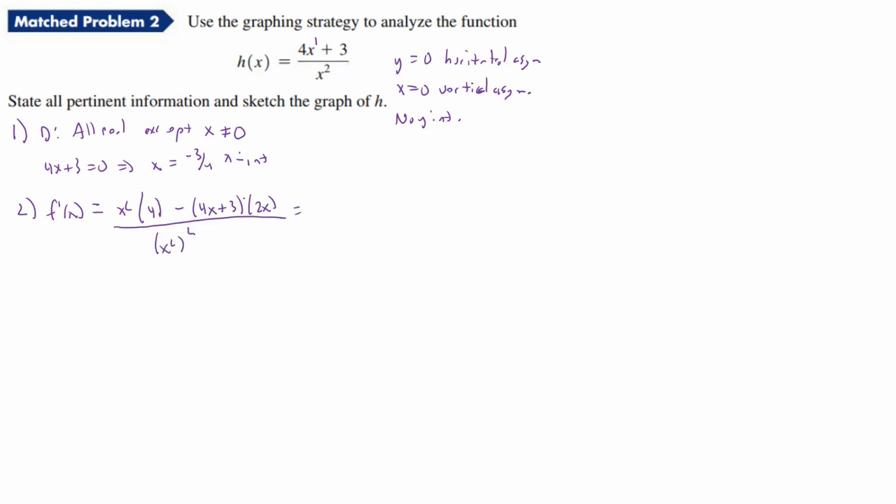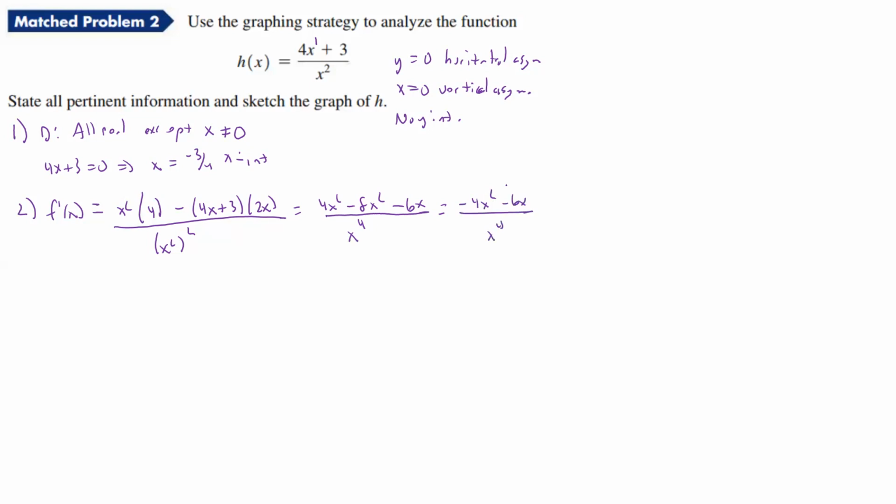All right, so that's going to be what? 4x squared, and minus 8x squared, and minus 6x. All of that is still over x to the fourth. And simplifying, we have a minus 8 plus 4, so it's going to be minus 4x squared minus 6x all over x to the fourth.